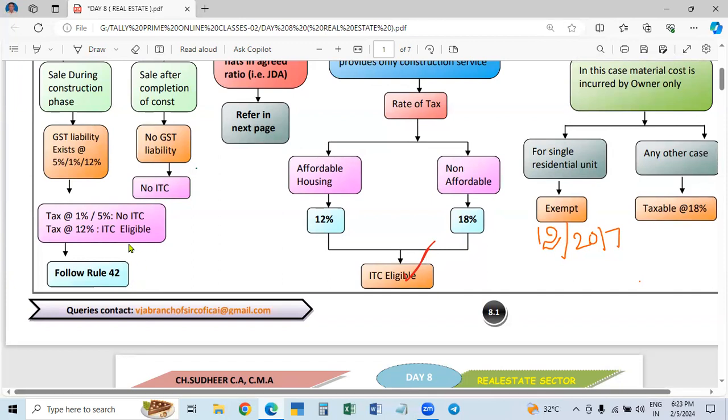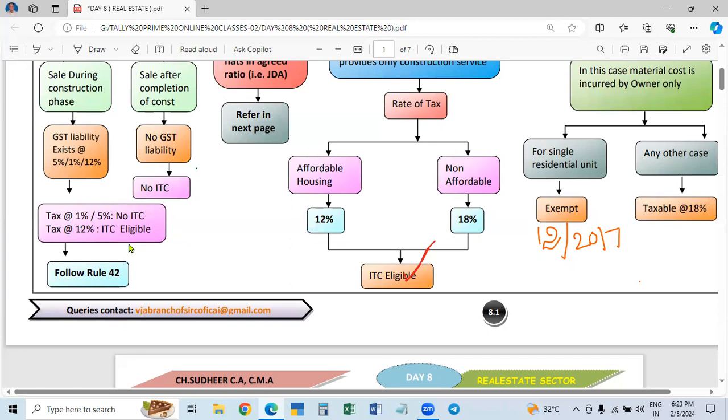So we buy these services or goods, input and input services, and we use them for all the units, that is commercial unit as well as residential unit also. In such a case, we cannot divide how much is spent for the commercial unit and how much for the residential house.